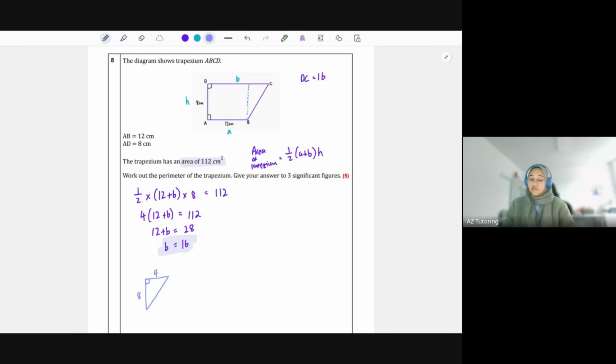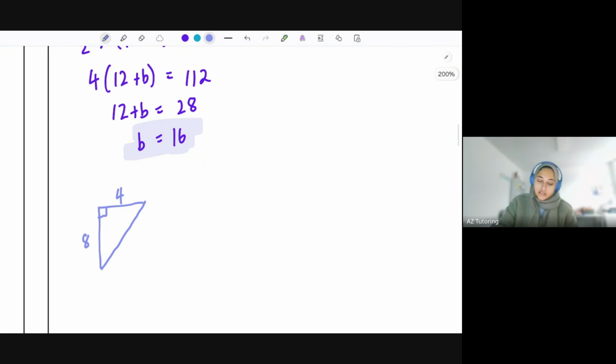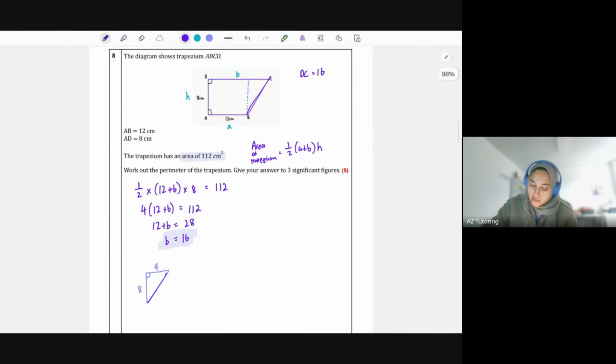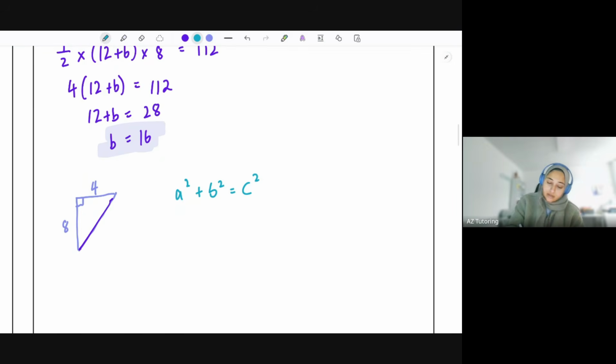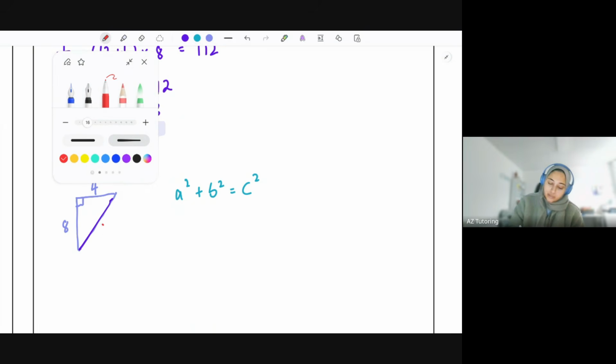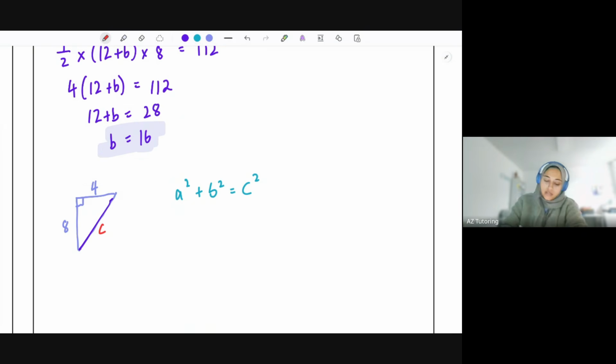Now we can use Pythagoras' theorem on this triangle to figure out what this slant here is. And if we find that slant, we know that length, and then we can find out the perimeter. Let's use Pythagoras. Now, what does Pythagoras' theorem say? Pythagoras says a squared plus b squared equals c squared, where c is the hypotenuse, which is what we're trying to find, and then these are a and b. So plugging that straight in, a squared, which is 4 squared, plus b squared, 8 squared, equals c squared.